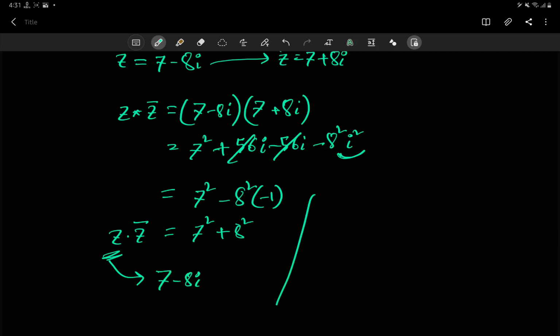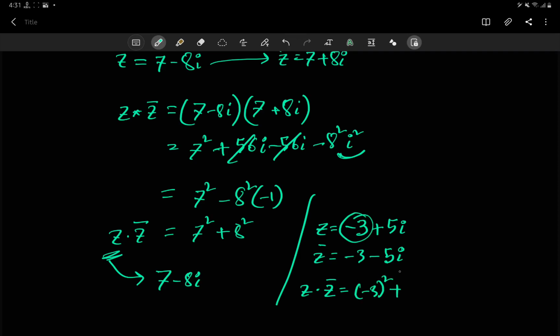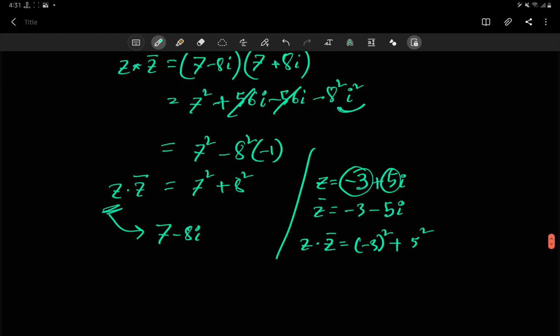So you can try it out yourself. For example, if I write -3 + 5i, this is our z, then z bar would be -3 - 5i, and z times z bar would be (-3) squared plus 5 squared, and whatever it comes out.